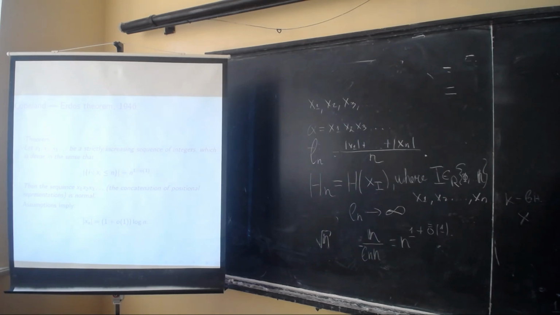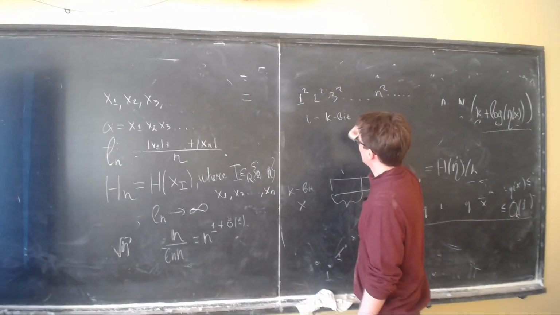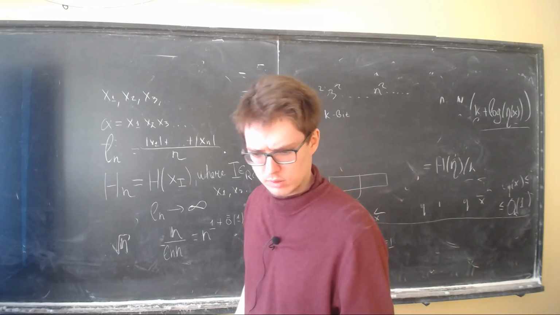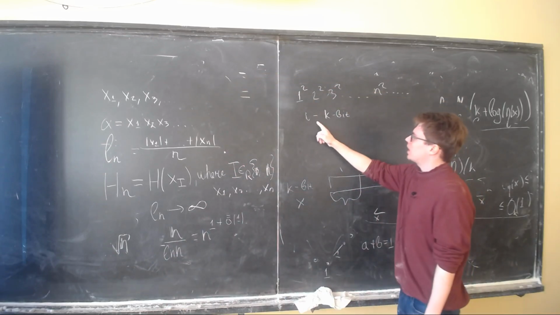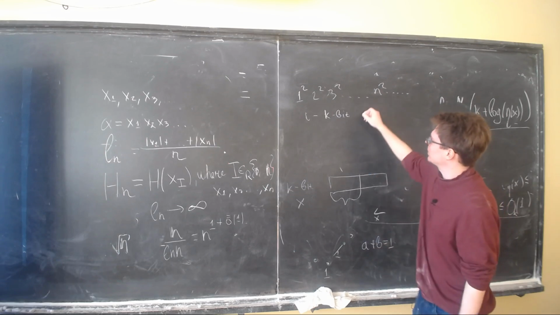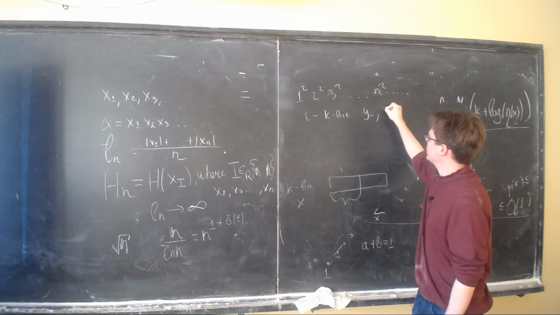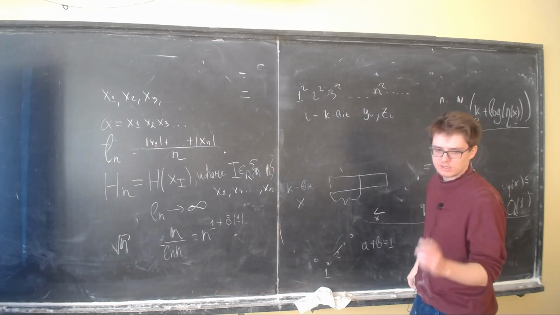So I write down all squares: 1 squared, 2 squared, 3 squared, and so on, n squared, and so on. Now assume that i is a k-bit number.